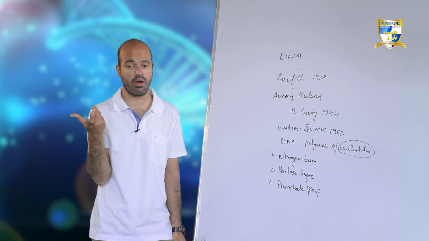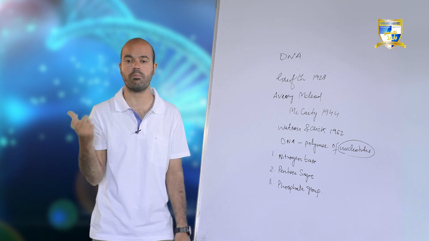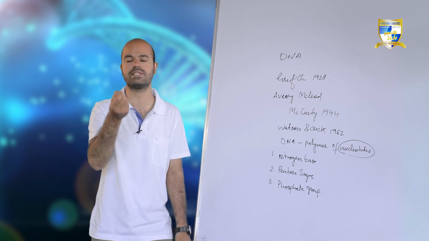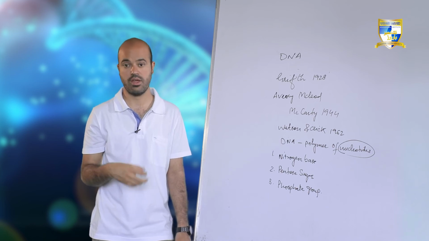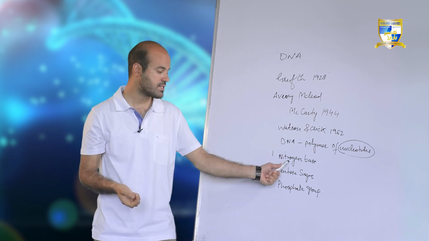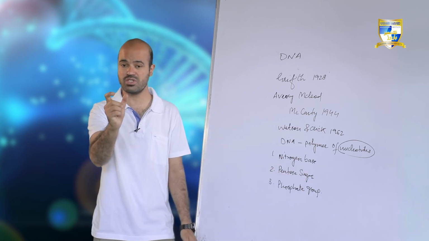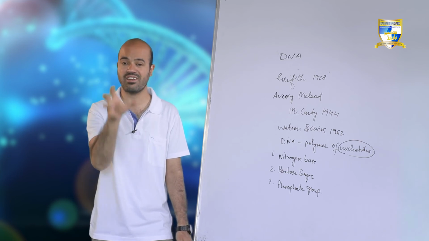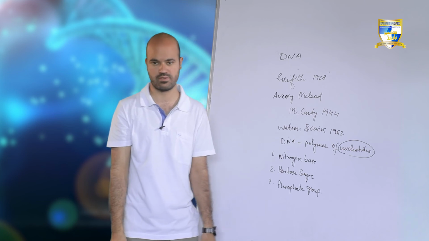If you have observed, we have different ring chain compounds in chemistry. One of them is benzene, which is made up of carbon and hydrogen. Here we have a ring chain organic compound which has nitrogen as a component of its ring, and that ring chain organic compound is called a nitrogen base.